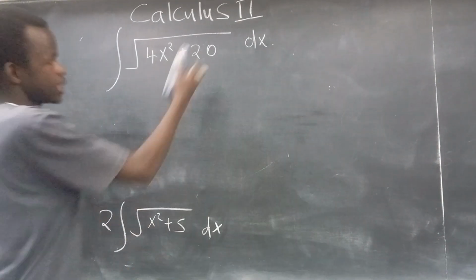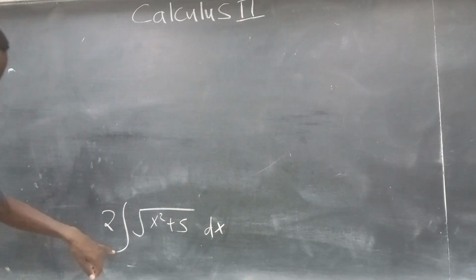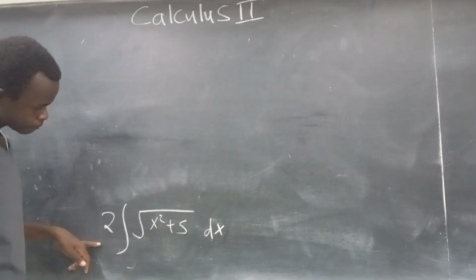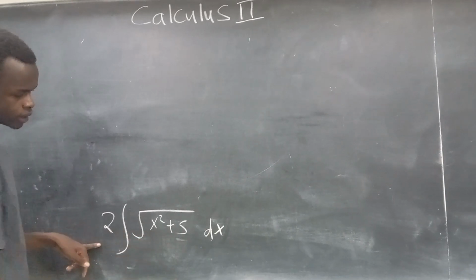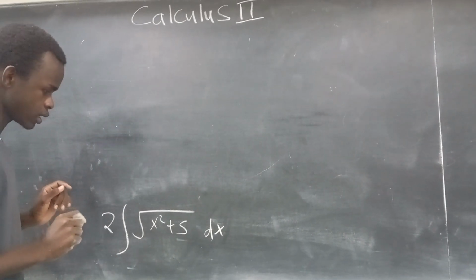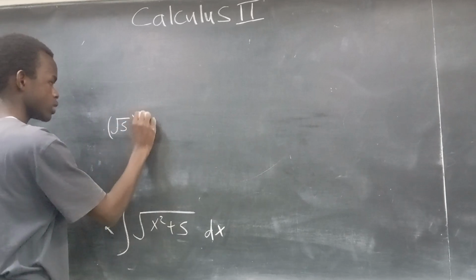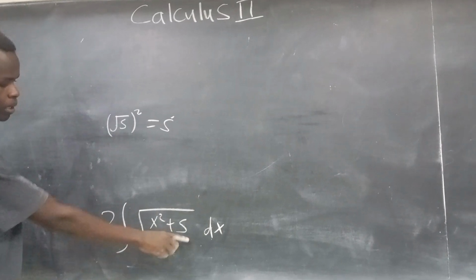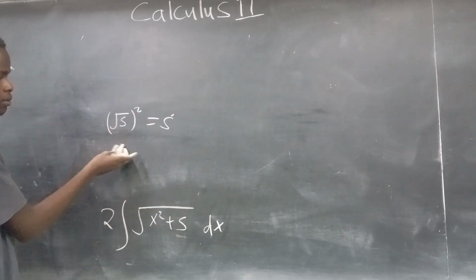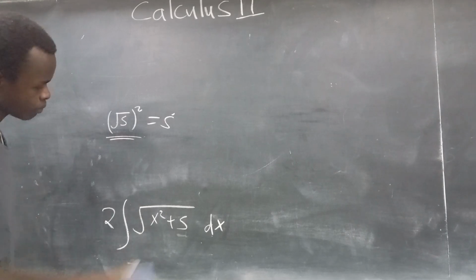So from here, let me clear all this. I will express root of 5 in terms of a power. When I write root of 5 and raise it to the second power, it's just the same as 5, right? So I'll replace my 5 with that.